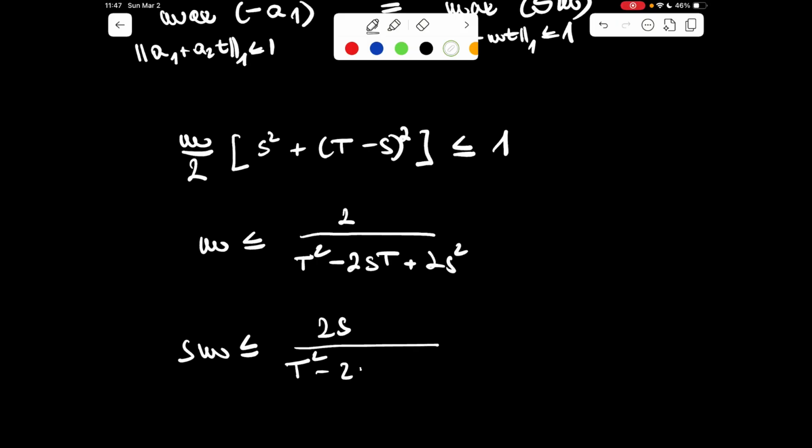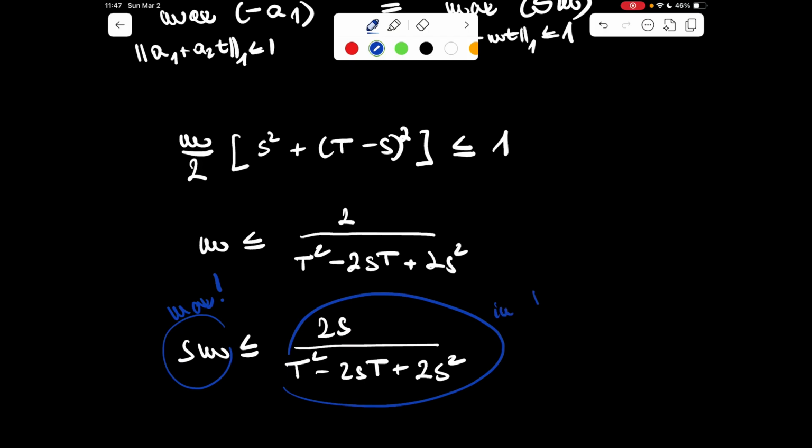Note that on the left we have the expression that we want to maximize in terms of S and T. So this is what we want to maximize in terms of S and T, because this is all we have on the right.